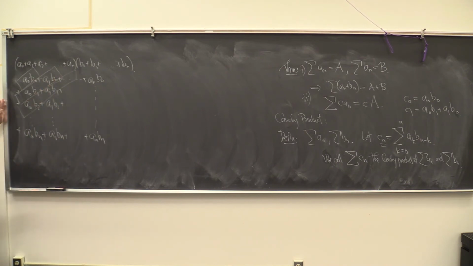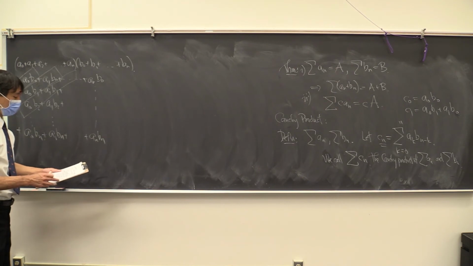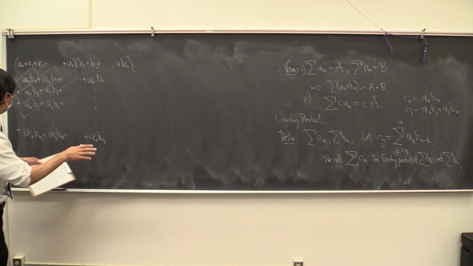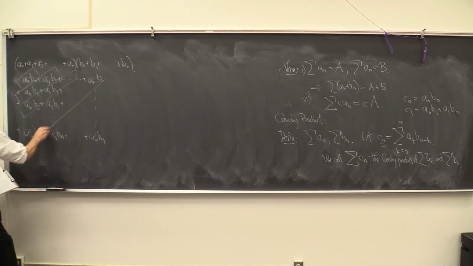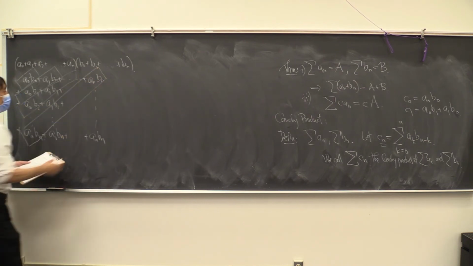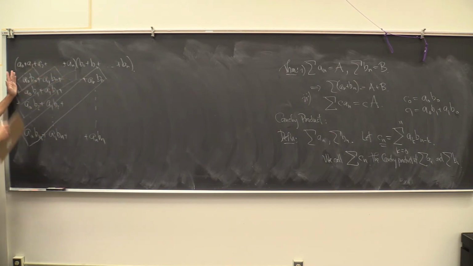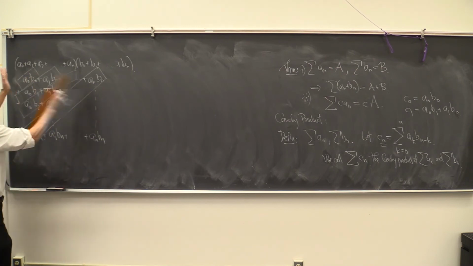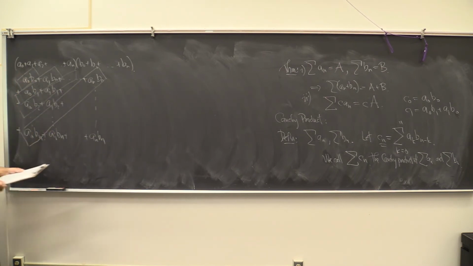You're taking all these terms and summing along each diagonal: C0, C1, C2, C3, and so forth. So Cn is the sum up to this point here; it is the sum of this upper triangle.